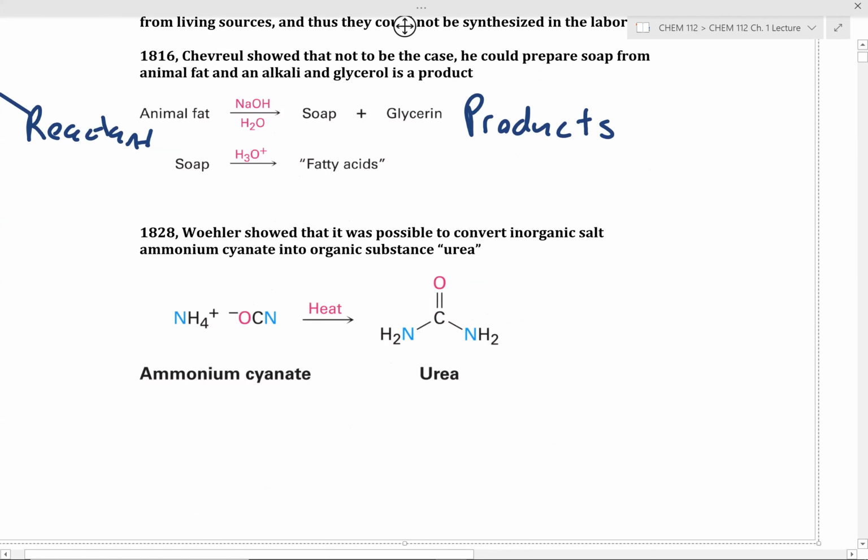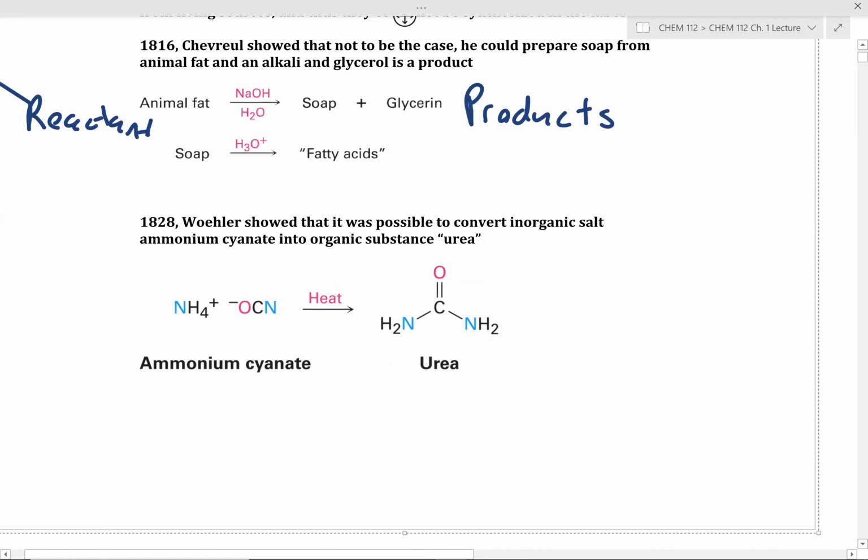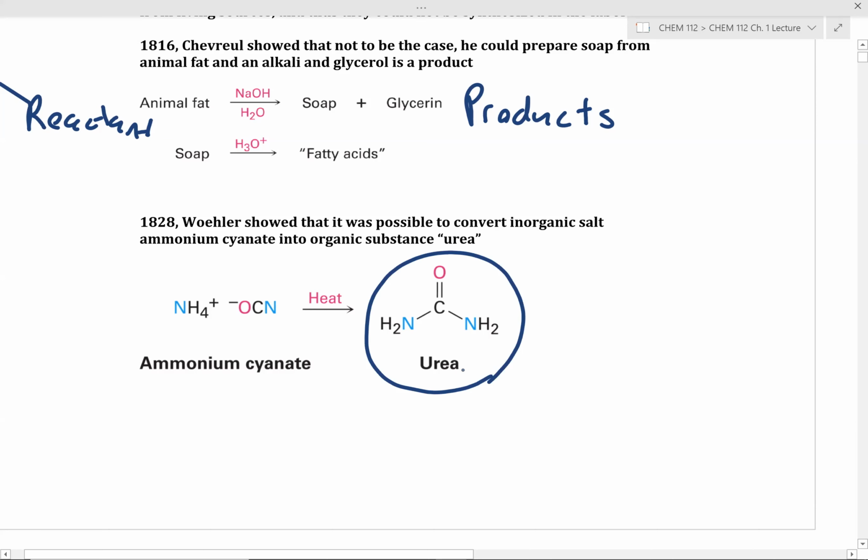A slightly more significant development in this field of study was in 1828 when Wohler showed it was possible to convert an inorganic salt, ammonium cyanate, into urea. For those of you who recognize this structure, urea is a principal biological product, and there have been efforts to isolate and purify urea from natural sources.